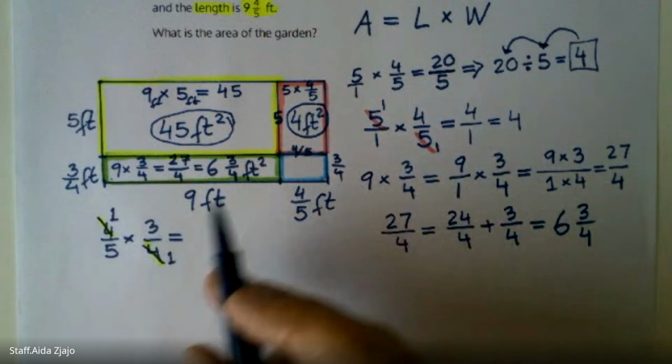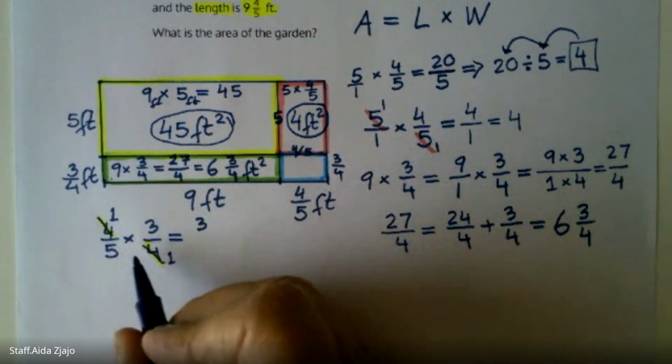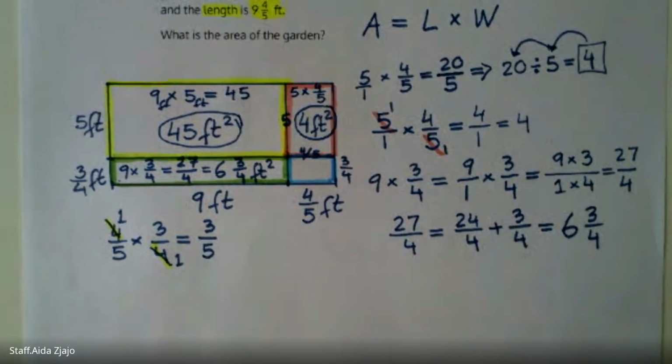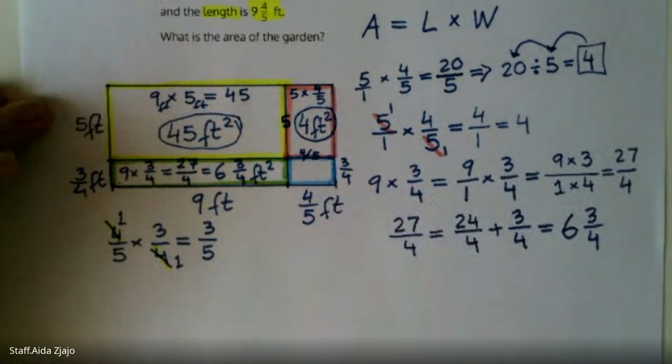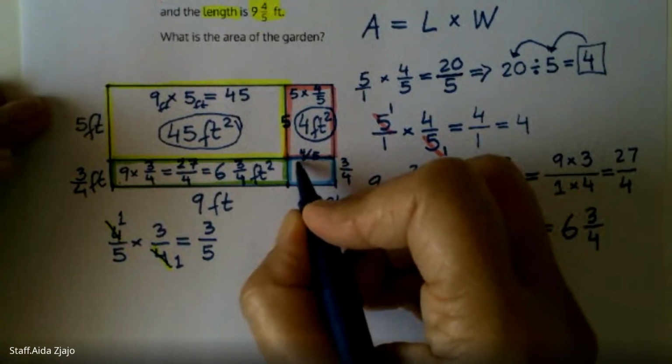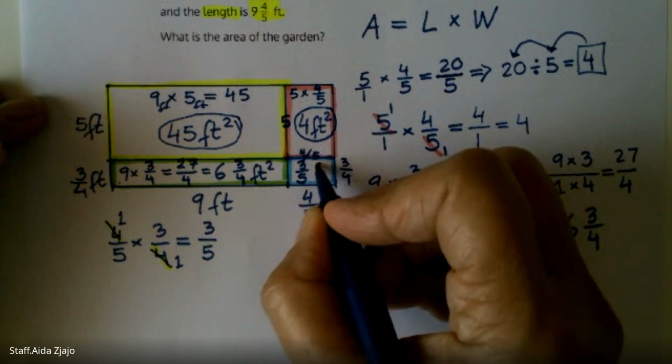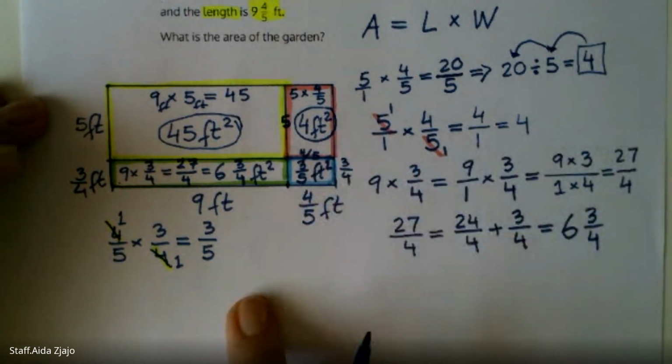So I got 1 times 3 is 3, and 5 times 1 is 5. So my answer is 3/5. So this one here is 3/5 square foot. Okay, feet squared.